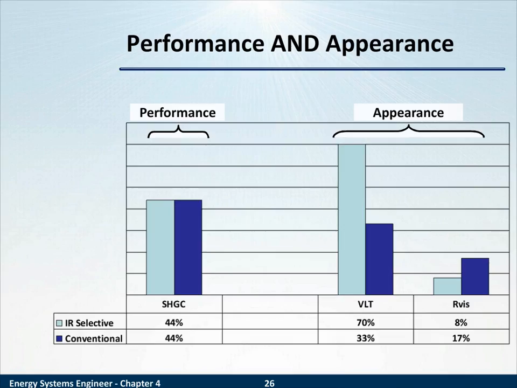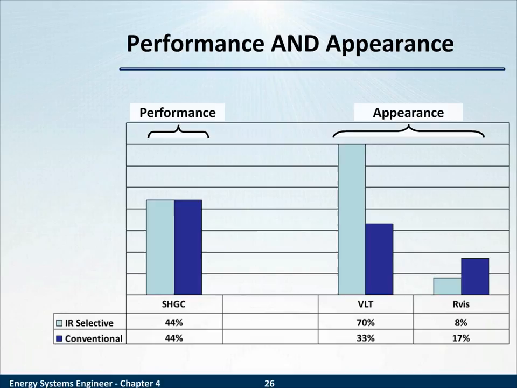The last and summary slide for glass and glazing is that, whether it is film or replacement glass, whatever the solution is, you have to consider performance and appearance. Take, for example, the solar heat gain coefficient.